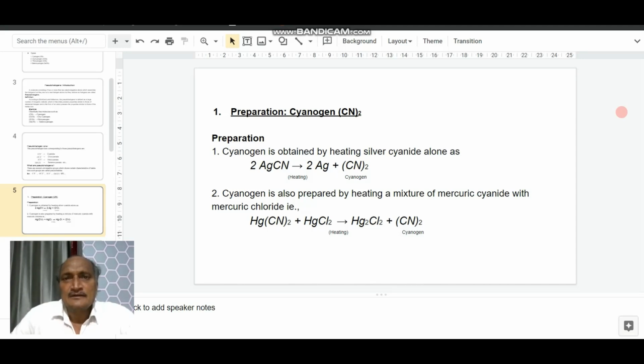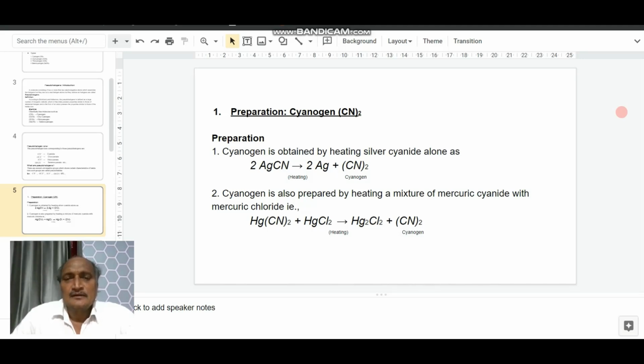Coming to the second method of preparation of cyanogen. Cyanogen is also prepared by heating a mixture of mercuric cyanide with mercuric chloride as shown.